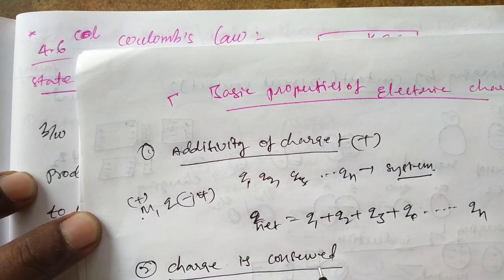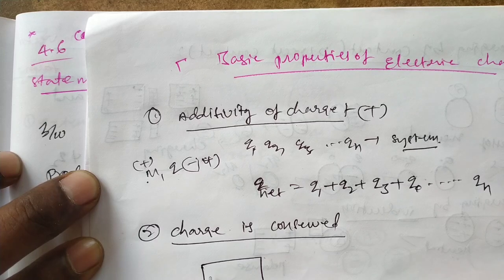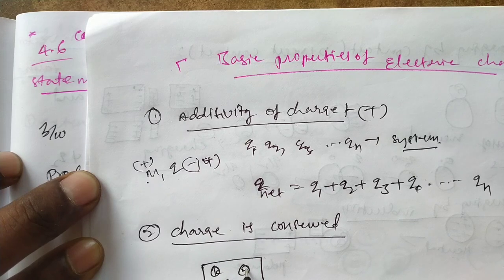Charge is conserved means, suppose one body has three charges: 1 coulomb, 2 coulomb, 6 coulomb.